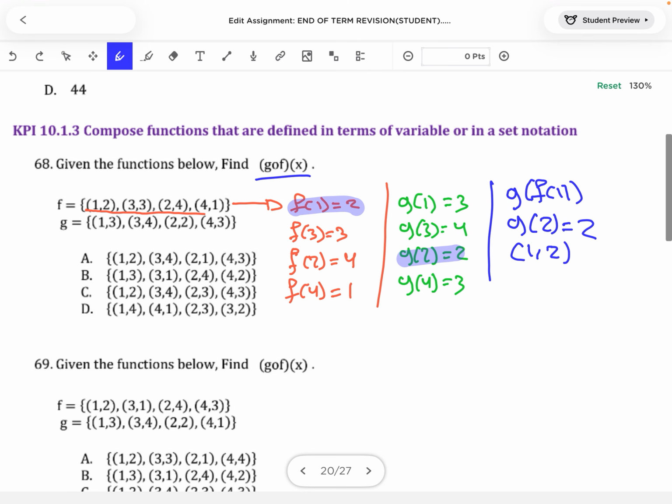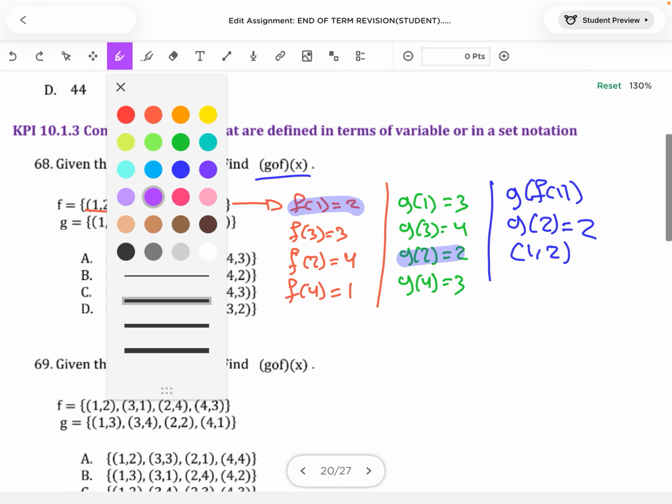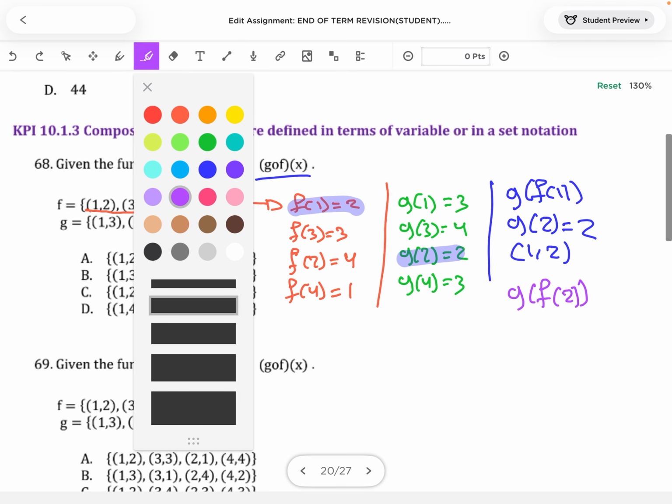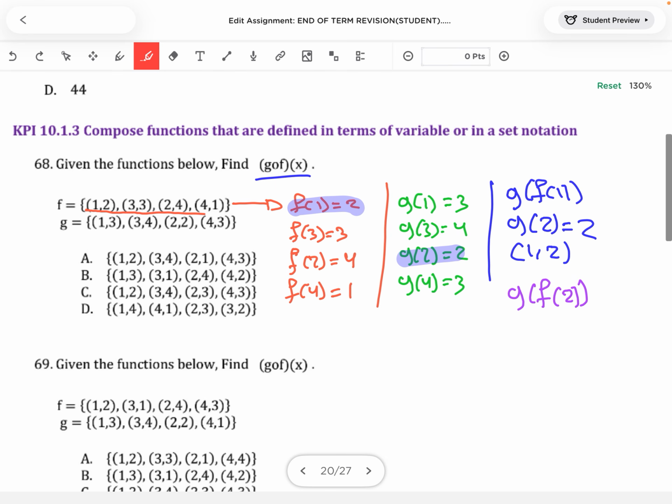Okay. Now let us take another point, which is g of f of 2. And I'll use the purple. f of 2 equals 4. So I have g of 4.